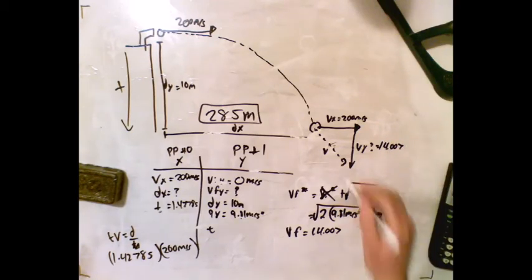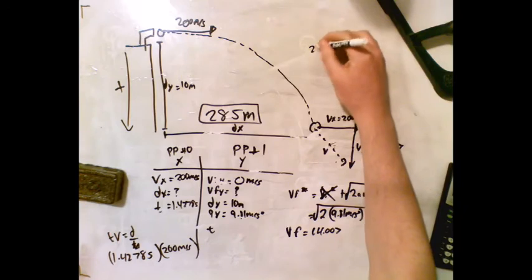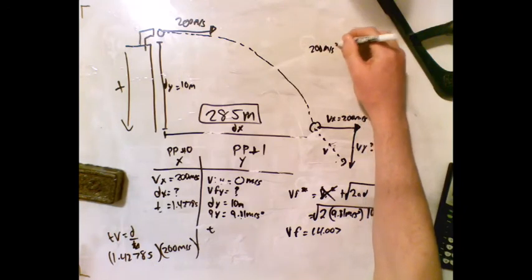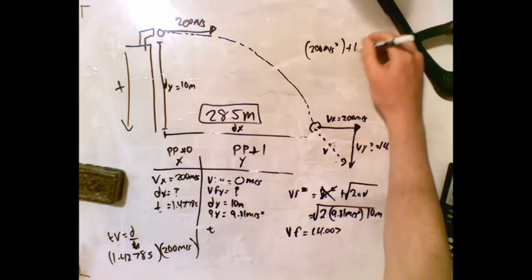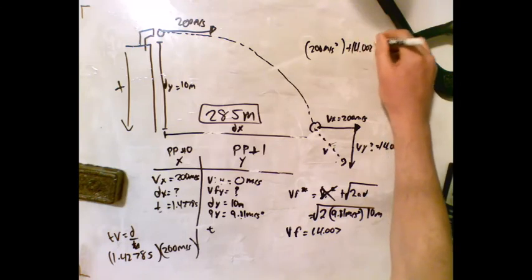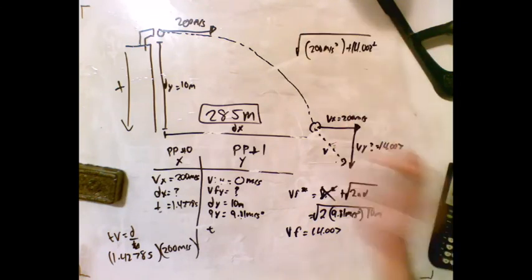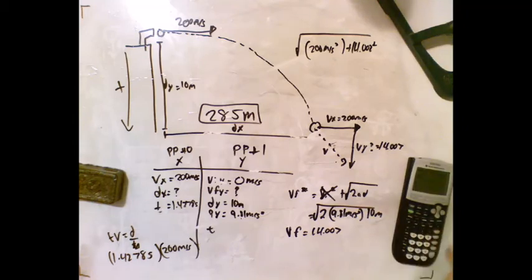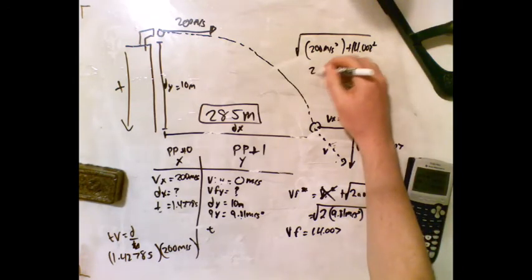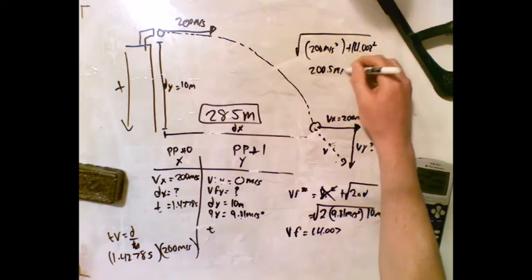So if I want to find this, I just have to go 200 meters per second squared plus 14.007 squared, all square root. I use my Pythagoras, so 14.007 squared plus 200 squared, all square root, and I end up getting basically 200.5 meters per second.